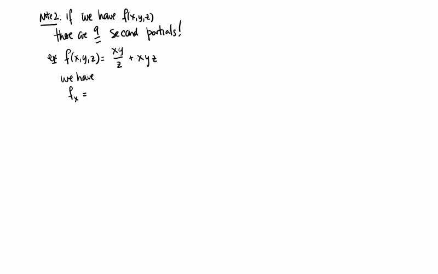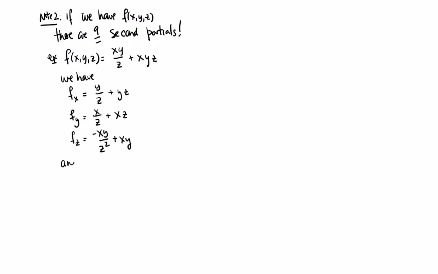So you can take the derivative with respect to x. So you get y over z, because x is the variable, plus yz. You could take f sub y. Now y is the variable. I get x over z plus xz. F sub z is a little trickier because z is in the denominator. So this is negative xy over z squared plus xy.